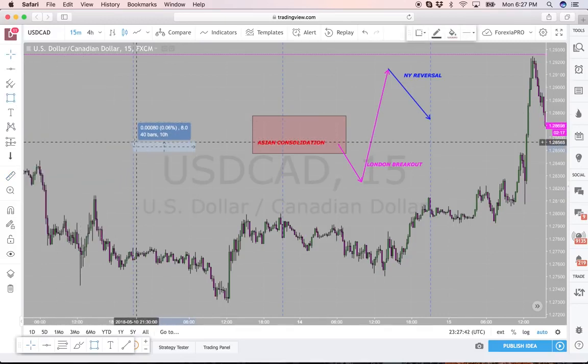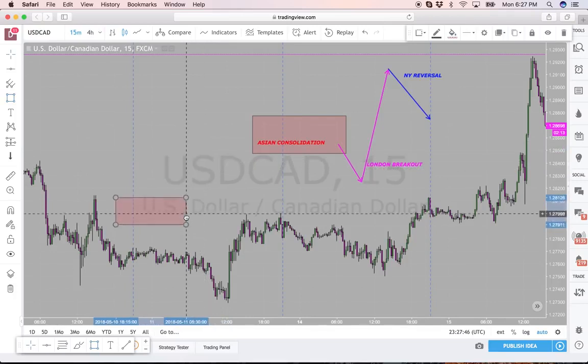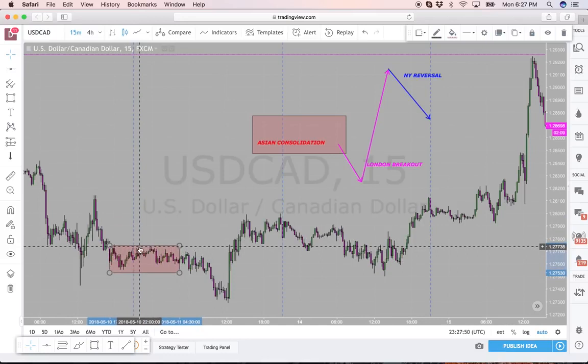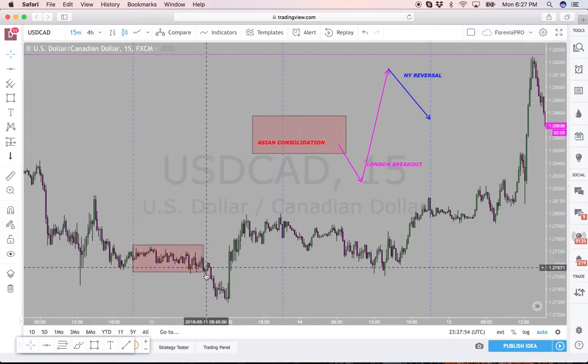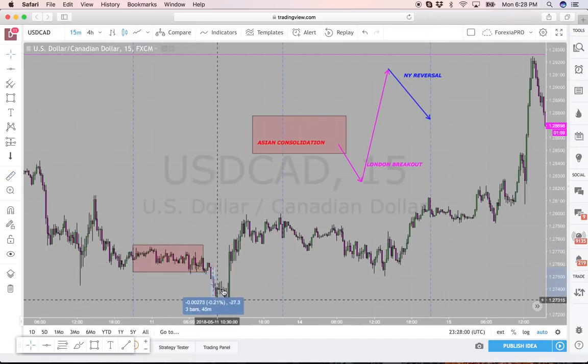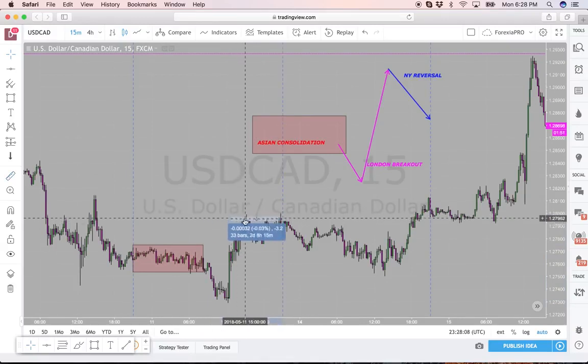And you'll draw your little box. And then you'll see every day, you can see right there, after 10 hours, there's that breakout of London session, London breakout, and then moves the market up for the New York session reversal off of the high right here.